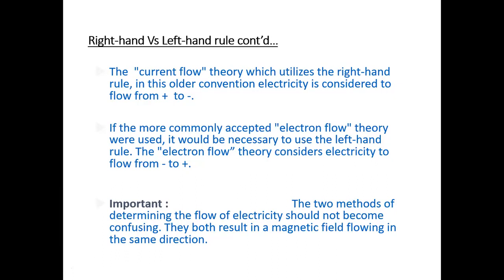They both result in the magnetic field showing in the same direction, because either electron flow or current flow doesn't matter for us, because the magnetic field is always perpendicular to the direction of flow. It doesn't matter if electrons are flowing from negative to positive or current is flowing from positive to negative.